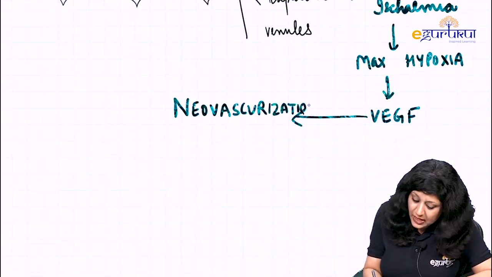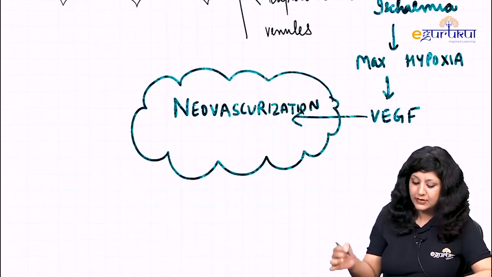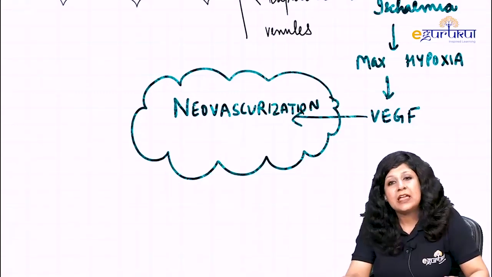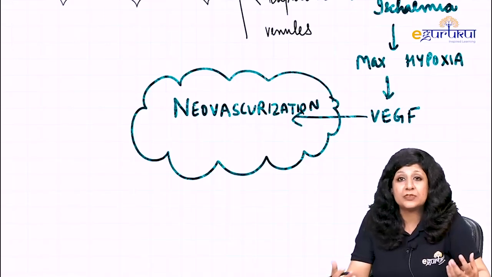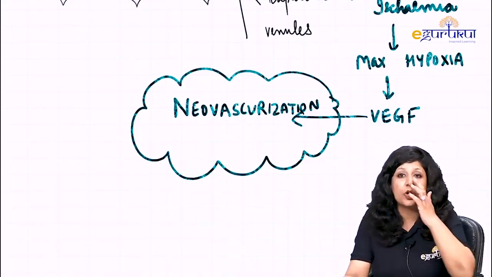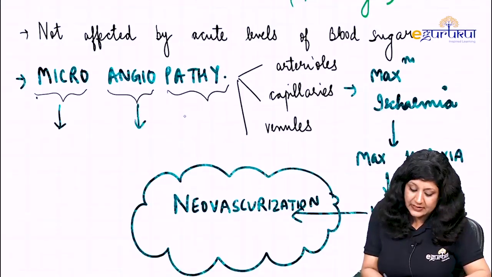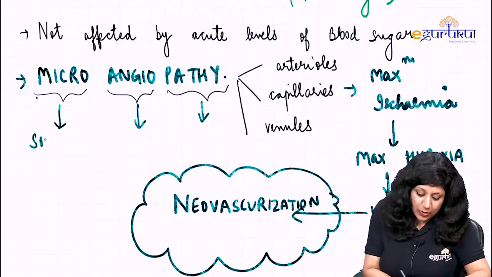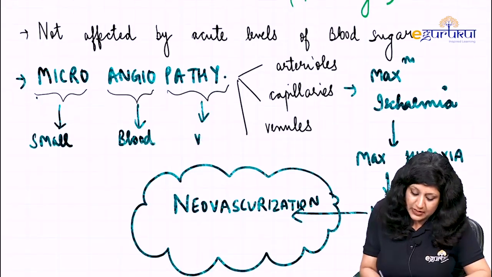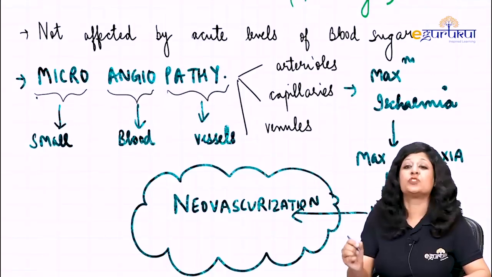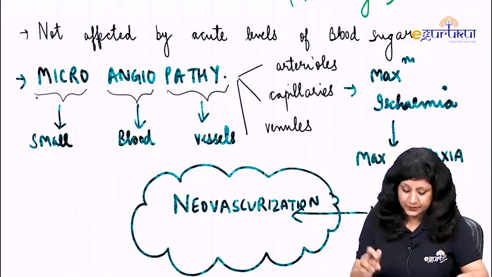So this is how vascularization becomes important in diabetic retinopathy. It is the most common cause of neovascularization, most common cause of TRD, most common cause of neovascular glaucoma, because it is a microangiopathy affecting the small blood vessels. That is why neovascularization is most important in cases of diabetic retinopathy.